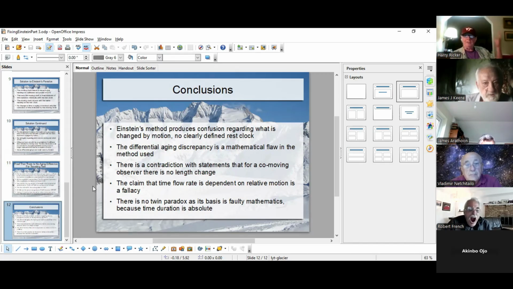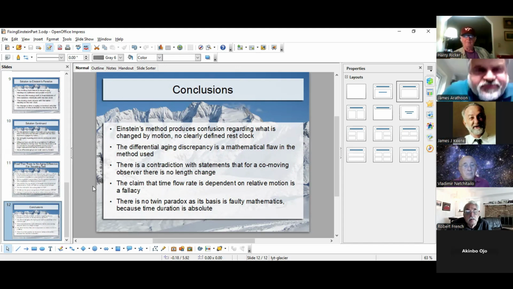All he did was he didn't take into account the fact that the ticks on the clock are longer. He assumed the ticks on the clock in the rest frame were the same as the ticks on the clock in the moving frame. And because the hands were different, therefore he said that time was different. But that's not correct, because he didn't have all the transformations that he needed in order to make his theory work correctly.